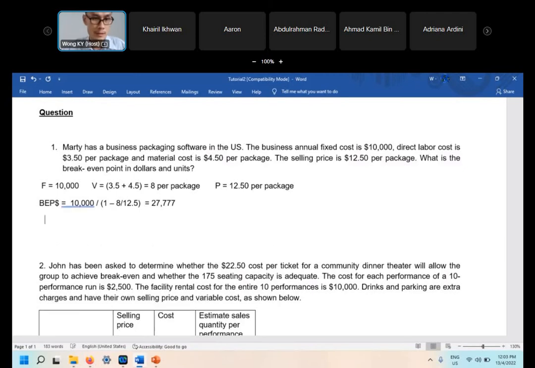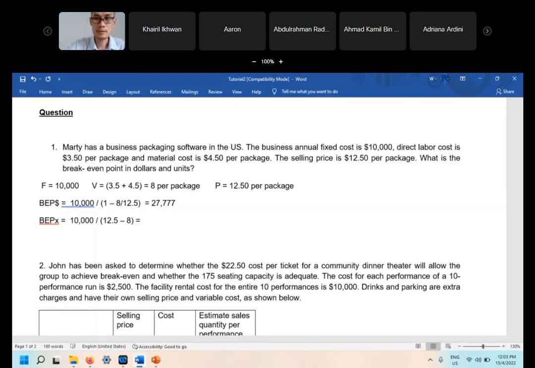So I think it's easy. Then to calculate the BEP in units, this is the break-even point in terms of production volume or production quantity. So this equals F, 10,000, divided by P minus V, which is 12.5 minus 8.